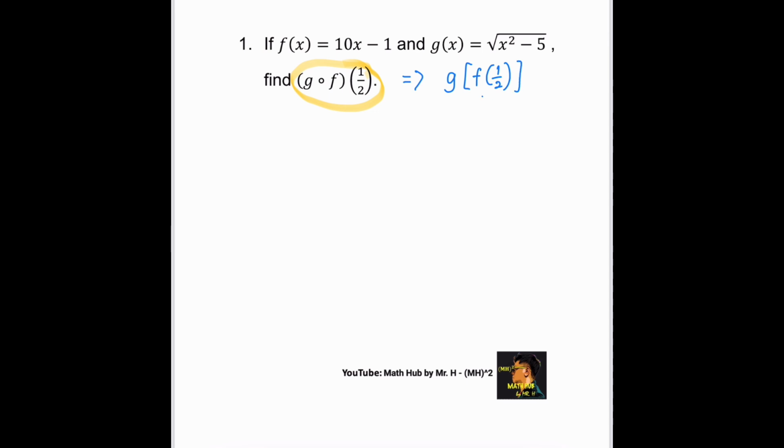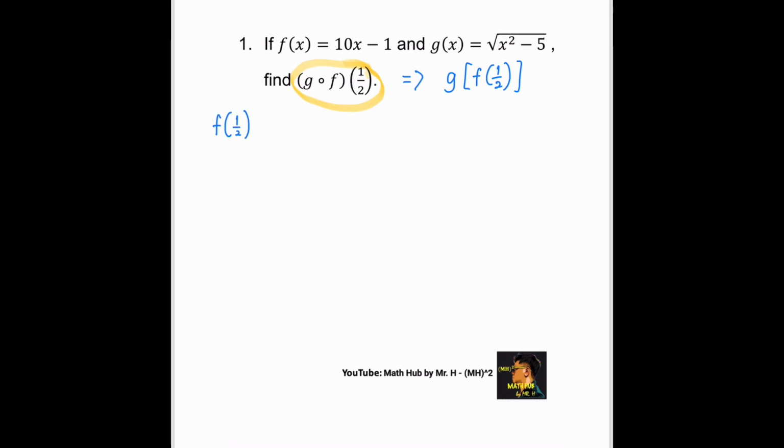So that means we will be using first the function f, in which we will be replacing the variable x in the function f by 1/2. And whatever answer we get from here, we will be using it later on for function g. So let's start working on it.